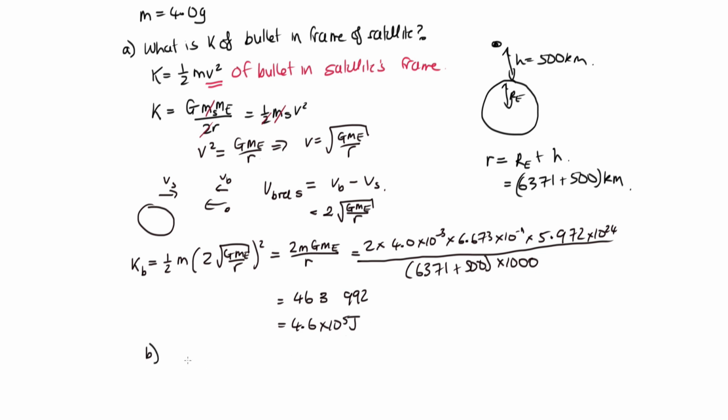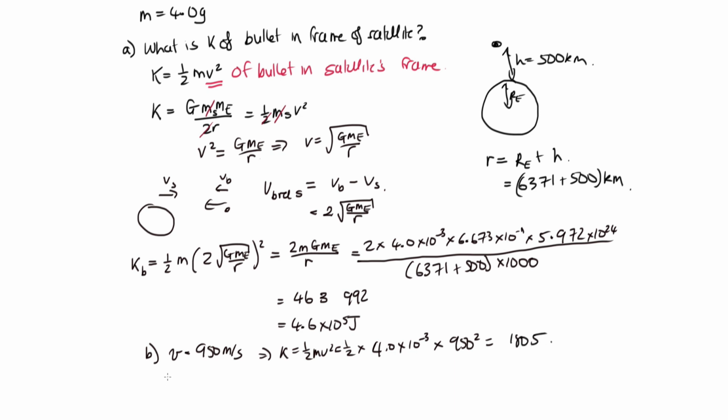Now, part B asks us to compare this kinetic energy of the orbital pellets to the kinetic energy of something coming out of a rifle with a muzzle velocity of 950 meters per second. So to get this kinetic energy, we just do a half mv squared, which is equal to a half times 4 times 10 to the minus 3 times 950 squared, which is equal to 1,805.